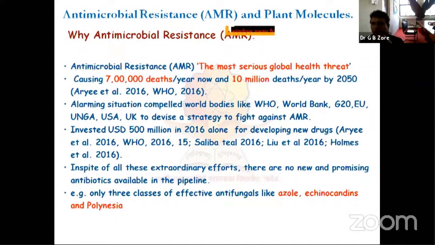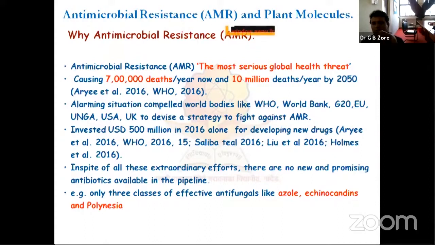And with respect to the antifungal agents, we are restricted to only a few groups of compounds, that is azole, echinocandin, and polyenes. Sorry for the typographic mistake. It is not Polynesia, it is polyene. So these are some of the groups which are found effective against fungal pathogens.